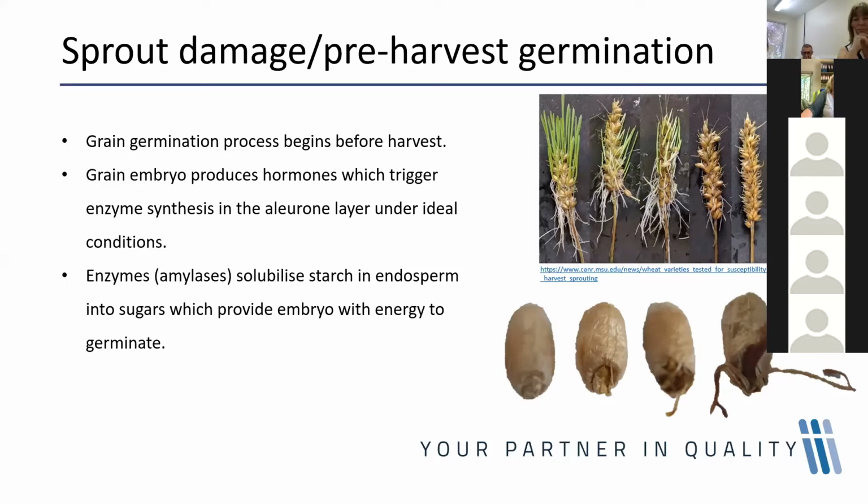Now, apart from the environmental factors that contribute to pre-harvest germination, there's also a genetic effect where you have some wheat varieties being more prone to pre-harvest germination than others, most particularly the softer wheat varieties.